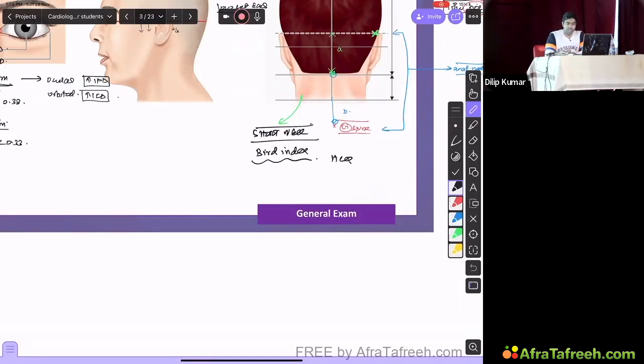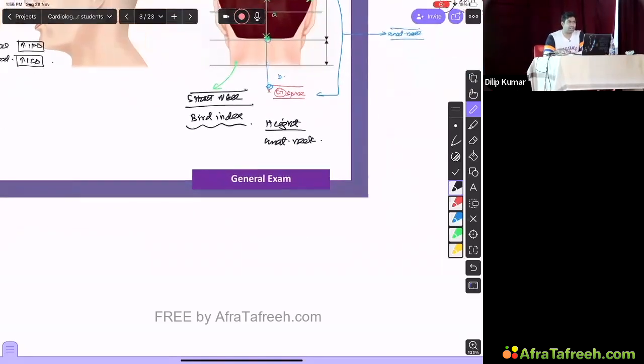You're going to take the entire patient's height in centimeters or meters, whatever, divided by the length of the anatomical neck. I told you what is anatomical neck already. What is anatomical neck? From the external occipital protuberance to the C7 spine. So if you take this ratio, this is what we call Bird index.